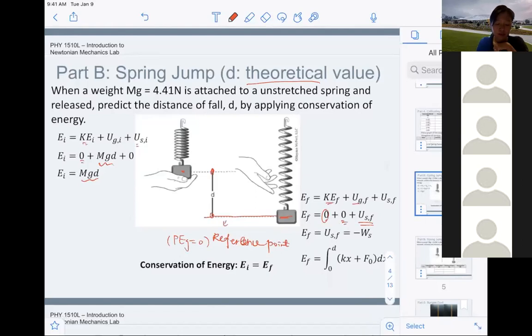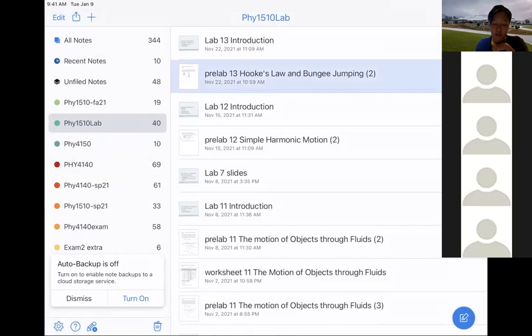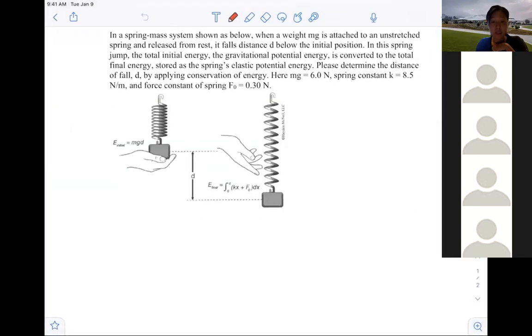So let's go to our pre-lecture to write out this calculation. The energy stored in the spring, we have talked about. Another way to look at this is how much work is done by the spring.